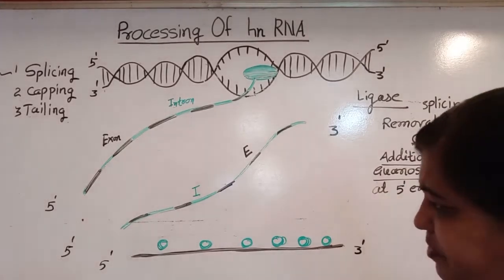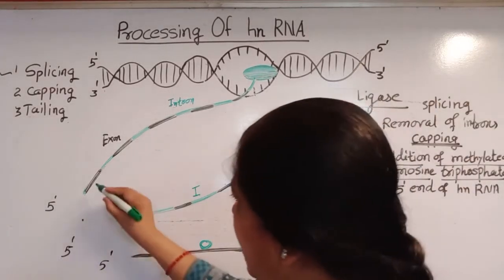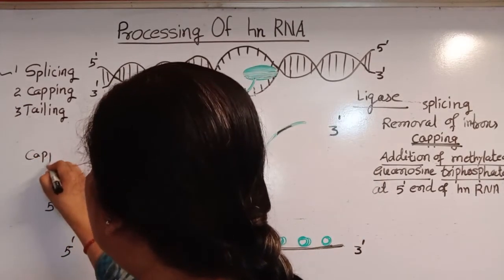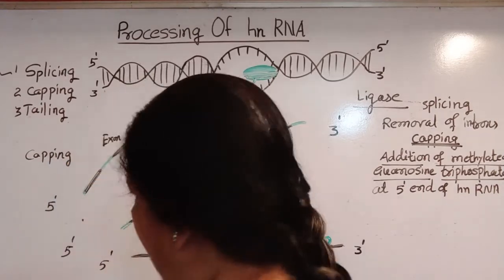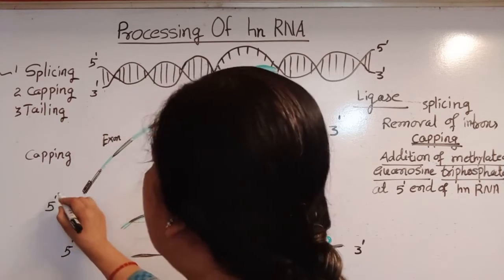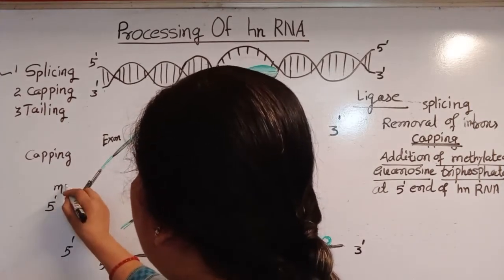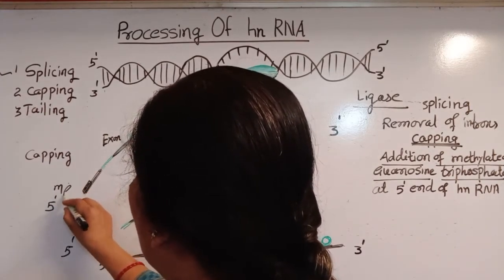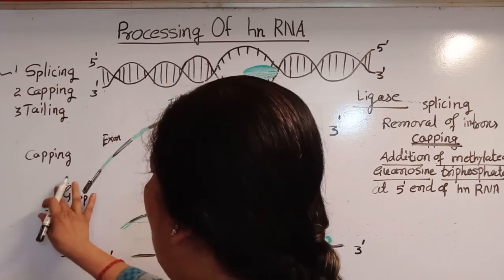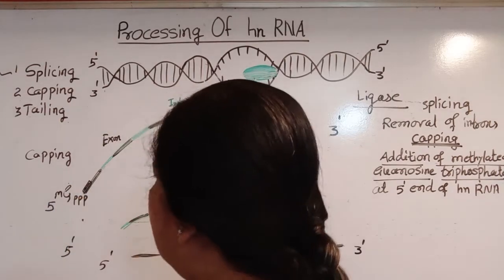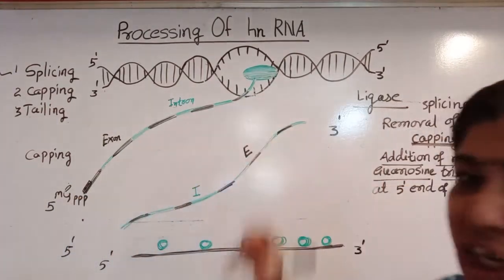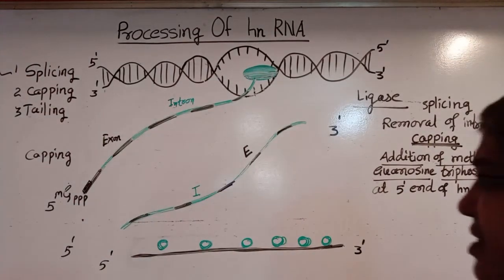So in capping, there is addition of methylated guanosine triphosphate at the 5' end of hnRNA, and this process is called capping.